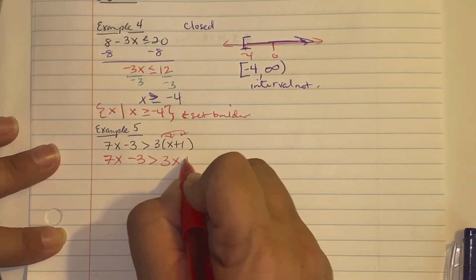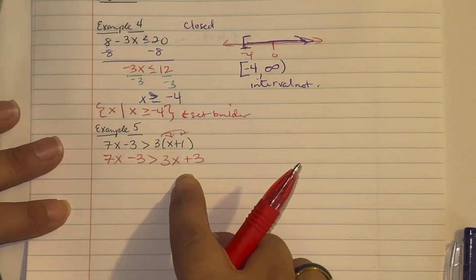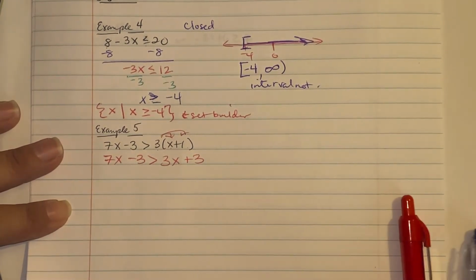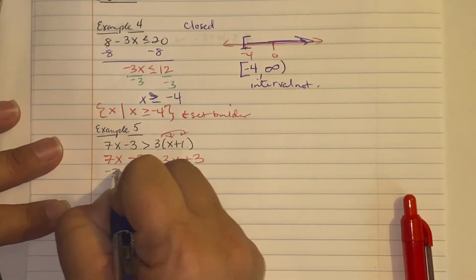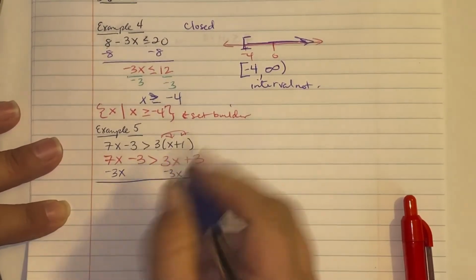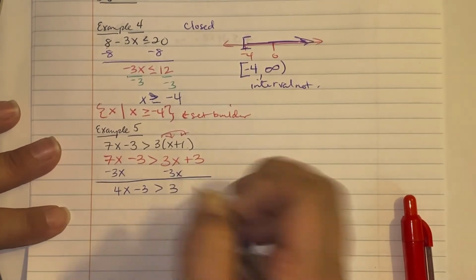Now, because we're dealing with inequalities, all variables should always move to the left side. So we are subtracting our 3x back. So you get 4x minus 3 greater than 3. We are adding our 3 over.